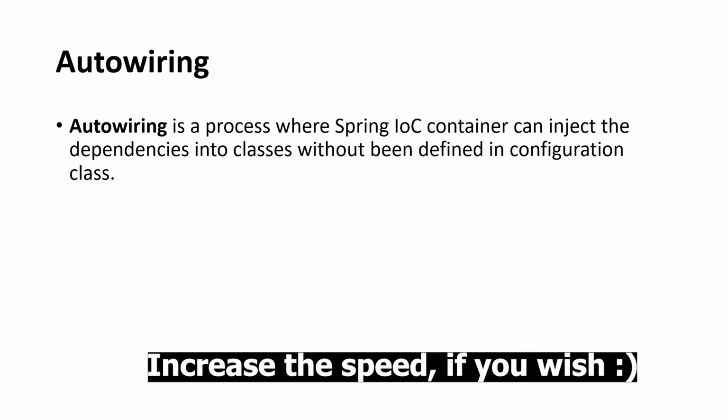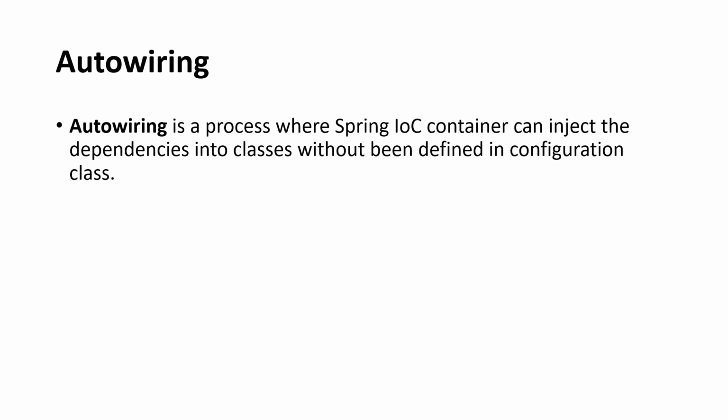Till now we have seen that we can make the beans only by using stereotype annotations. But if you remember the issue which we faced in the last video, even after creating the beans, they were not getting injected. Because you know that in order to inject the beans, we need to take help of dependency injection.